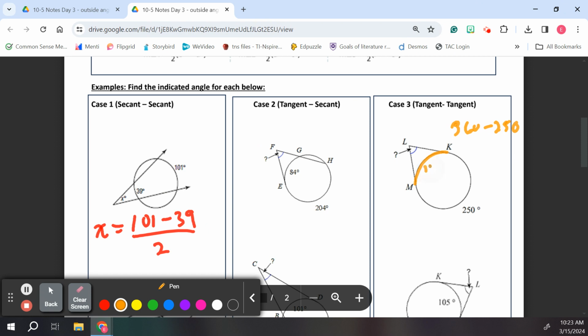So this is 110 degrees. Now we have two options available to us. For the measure of angle L, we can do 180 minus 110, which gives us 70 degrees, because we know this small arc and this angle are supplementary. Or for the measure of angle L, you can do 250 minus 110 divided by 2. In the end, you should still get 70 degrees.